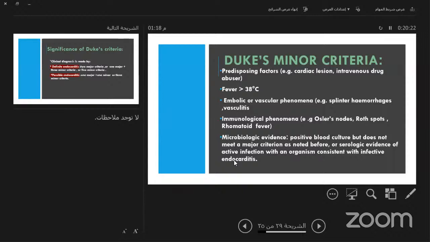Duke minor criteria: predisposing factor like cardiac lesion or intravenous drug abuse; fever more than 38; embolic or vascular phenomena such as splinter hemorrhage and vasculitis; immunological phenomena like Osler nodes, Roth spots, rheumatoid factor; microbiological evidence of positive blood culture that doesn't meet a major criterion as noted before, or serological evidence of active infection with an organism consistent with infective endocarditis.